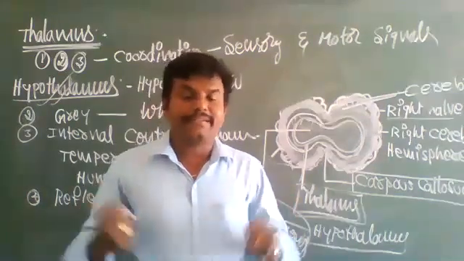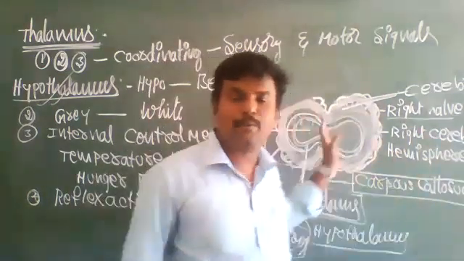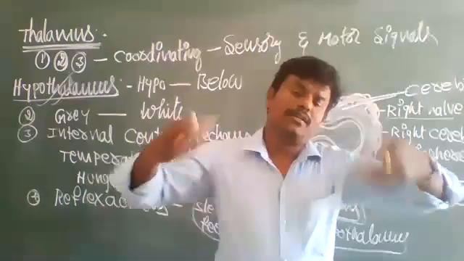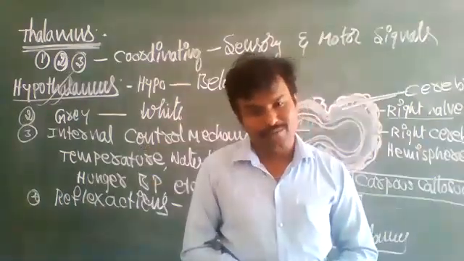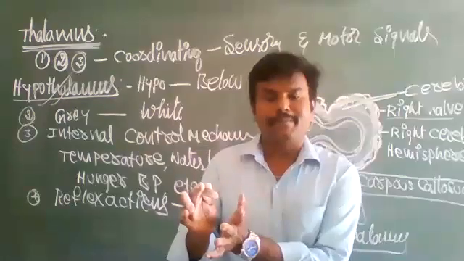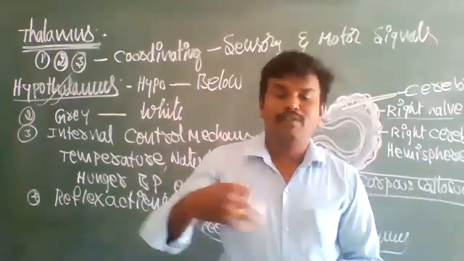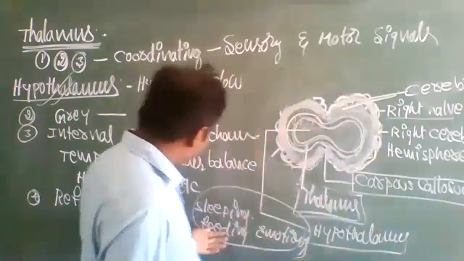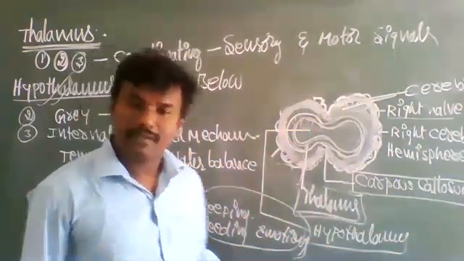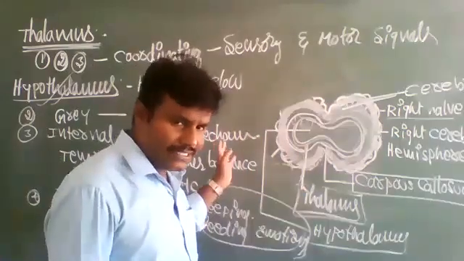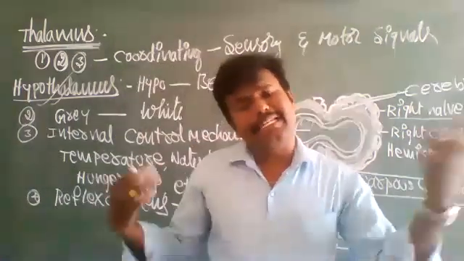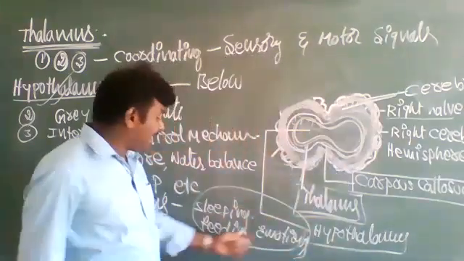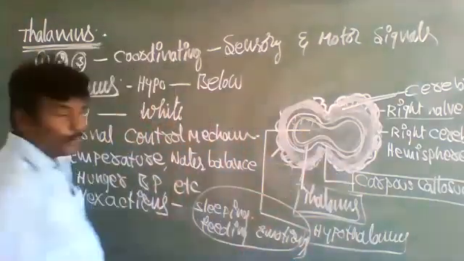When we are getting more angry, at that time hypothalamus will control. In some conditions we ourselves will control. Sleeping: after some time, we will wake up and involve in various kinds of activities. If hypothalamus is not controlling, we will continuously eat without any control. So sleeping, feeding, emotions are controlled by hypothalamus.